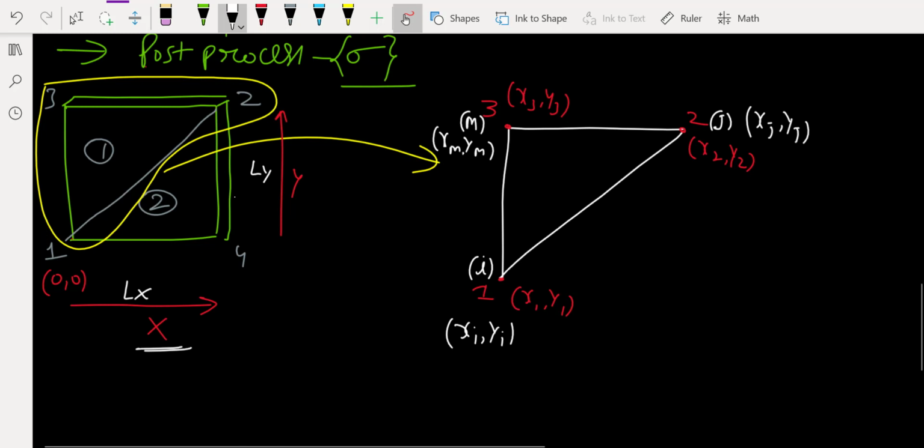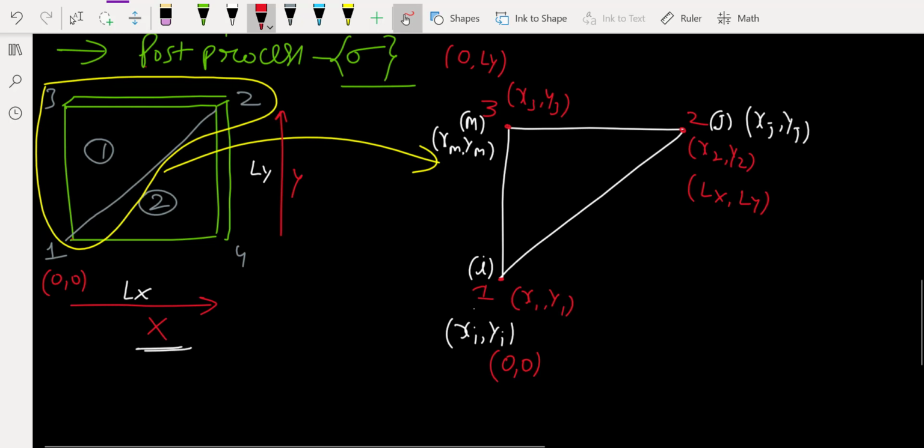For node number 1 this will be 0, 0 because it's the starting point, and node number 2 will be lx, ly, because you travel lx distance and ly distance. For node number 3, you are not moving in x, so you have 0, and ly you are moving, so this is 0, ly.